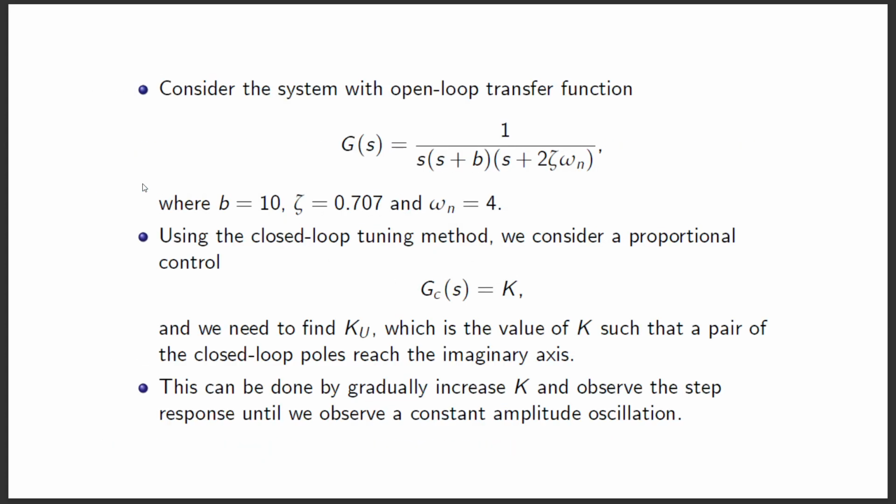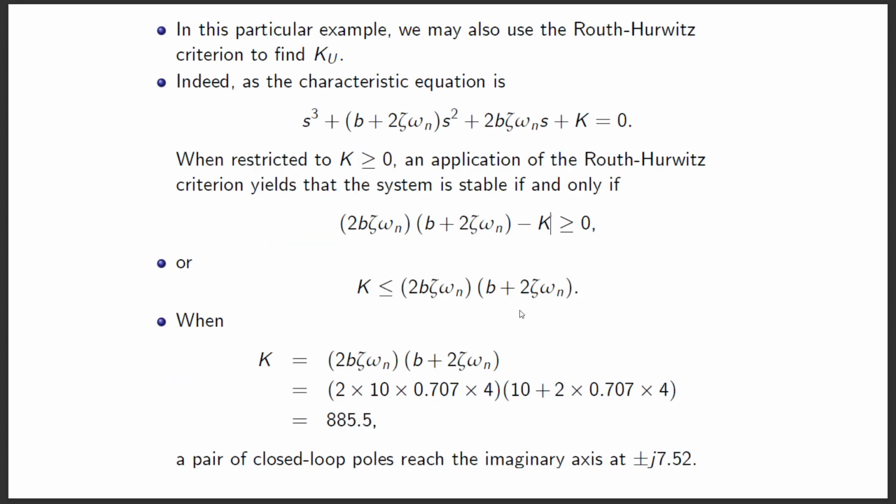So we plug in these values to our system. We first imagine we don't have the Ki and Kd, and we only have Kp, only proportional control. We start increasing this gain until we get an oscillatory behavior. So we can also use Routh-Hurwitz. As you know, Routh-Hurwitz can tell us when the system becomes marginally stable.